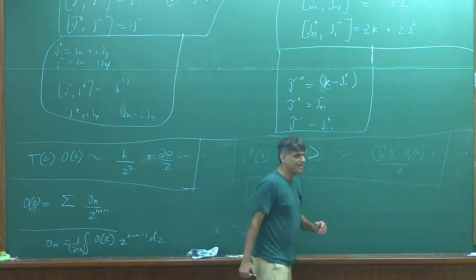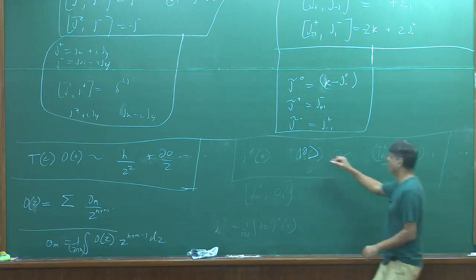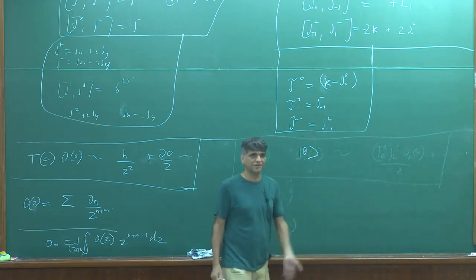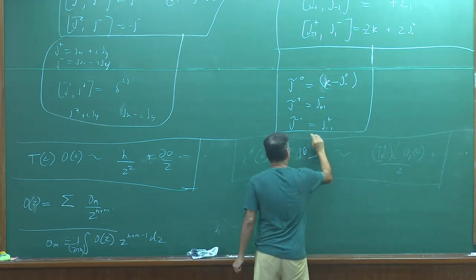Okay, now O transforms in some representation of the usual SU2. At the moment, it's one of the states O in that representation. If you want, we can call it OM.